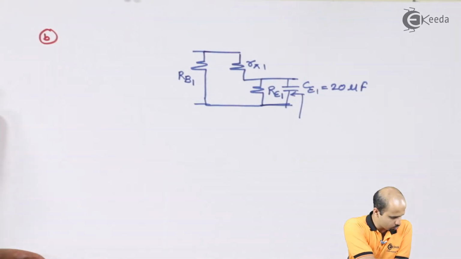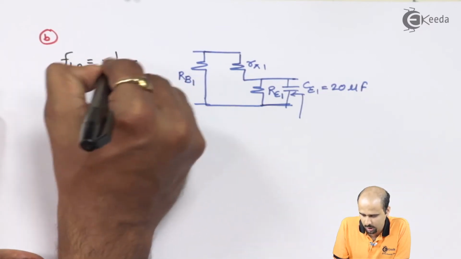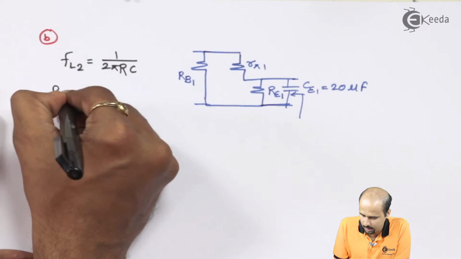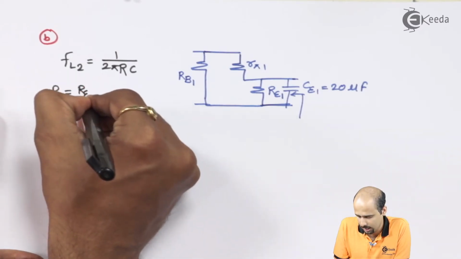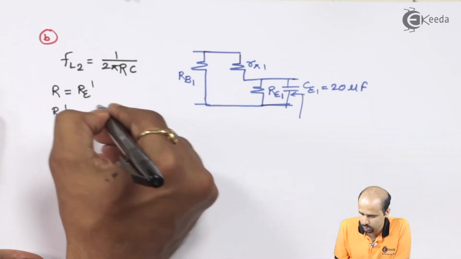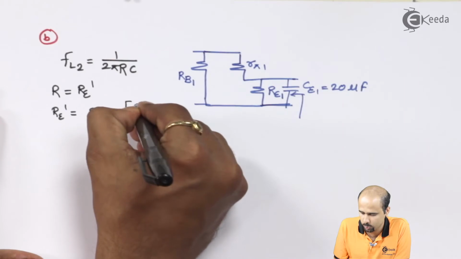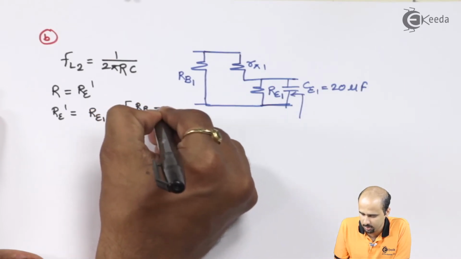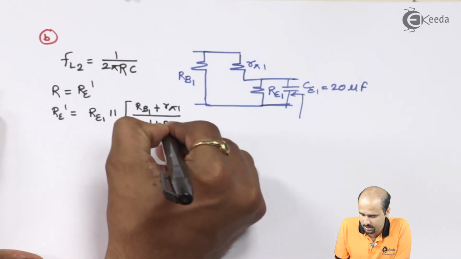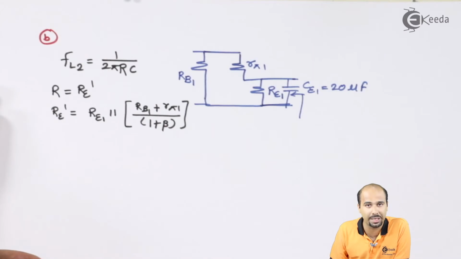We'll just put the values in the fundamental formula of frequency, that is 1 upon 2 pi RC. What's the value of R? R is nothing but Re dash, where Re dash is equal to RE1 in parallel combination with (RB1 plus R pi 1) divided by (1 plus beta), or you can say beta, as beta is much greater than 100.